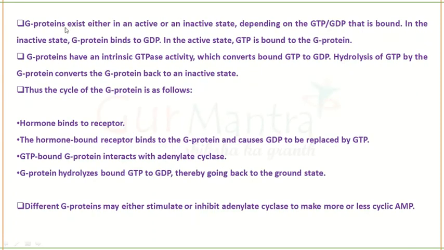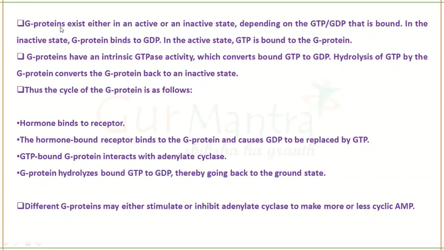So the G protein exists either in the active state or inactive state. If this G protein is bound to GTP, which means it is in the active state. And if the G protein is bound to GDP, which means it is inactive.